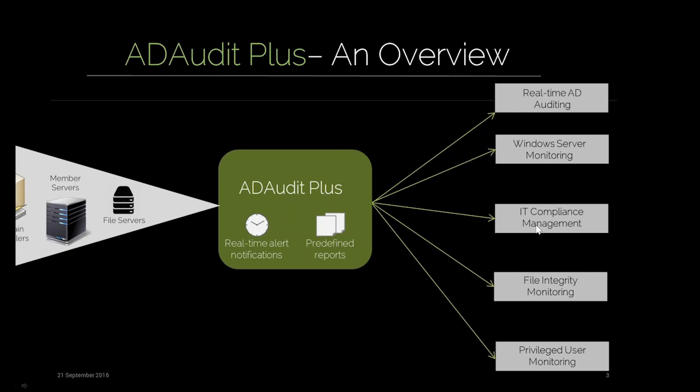We have a separate session where we will discuss all the reports that fall under the compliance category, that is IT compliance management. And the file integrity monitoring. Any folder or file that got deleted on any of your servers, the tool can get that information.